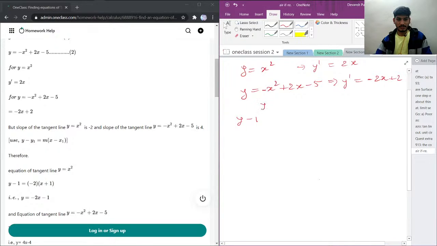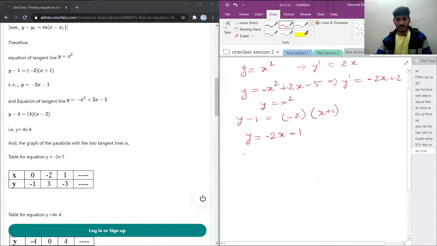For the first, for y equal to x squared, it will be negative of 2 times x plus 1, and this will be negative of 2x, and this will become minus 1. And then for the second parabola, we have y minus 4 equal to 4 times x minus 2, and this will become y equal to 4x minus 4.